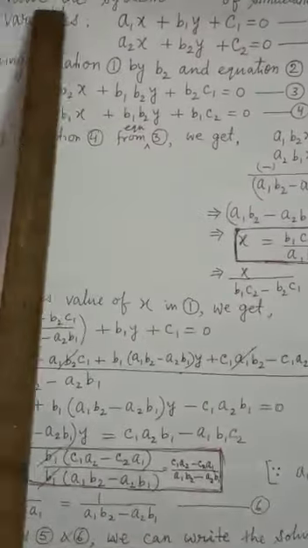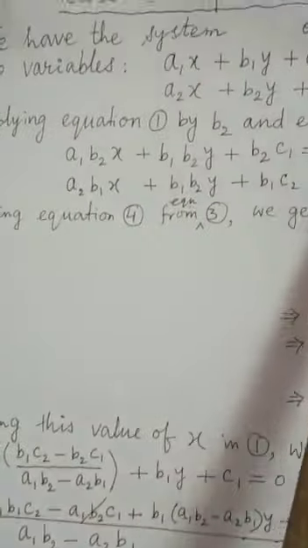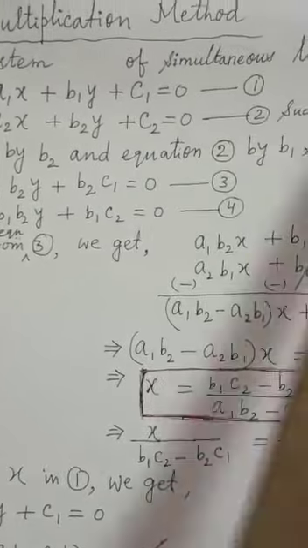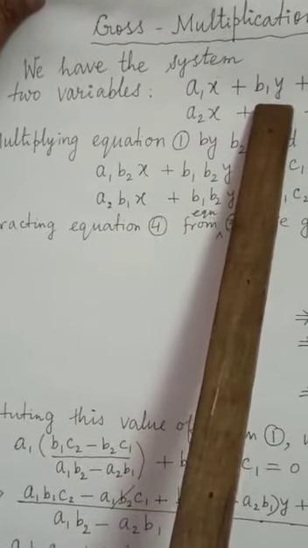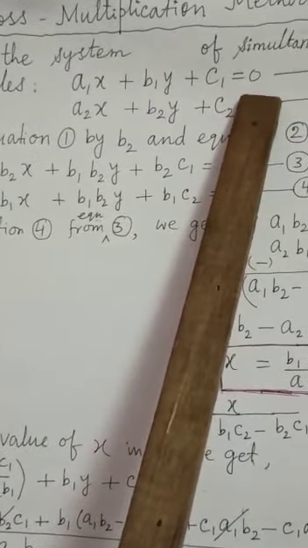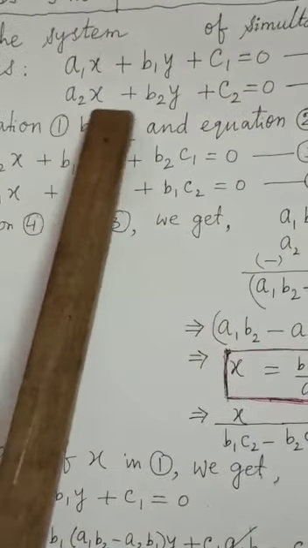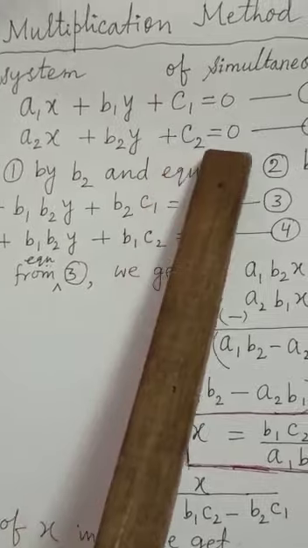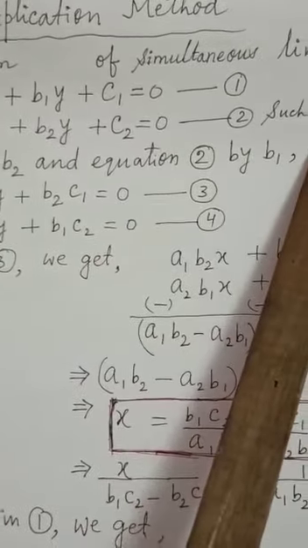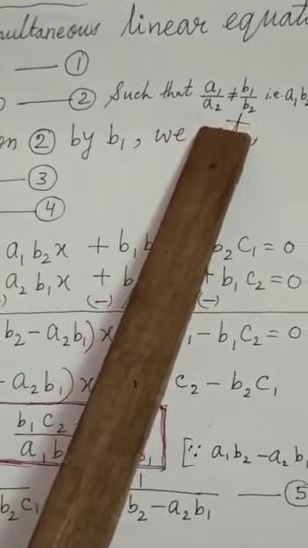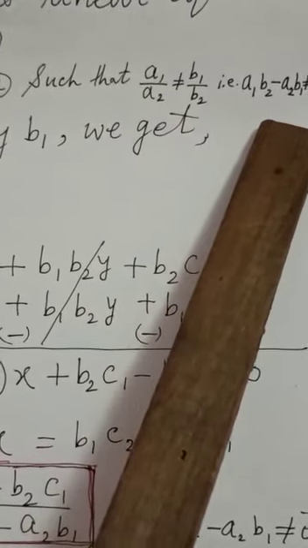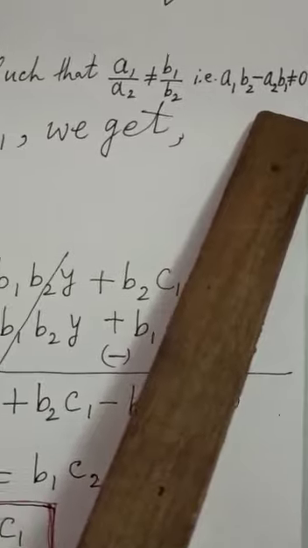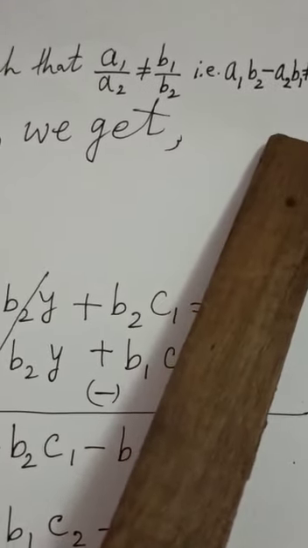Let us suppose that we have the system of simultaneous linear equations in two variables a1x plus b1y plus c1 is equal to 0 and a2x plus b2y plus c2 is equal to 0, such that a1 by a2 is not equal to b1 by b2, that is a1 b2 minus a2 b1 is not equal to 0.